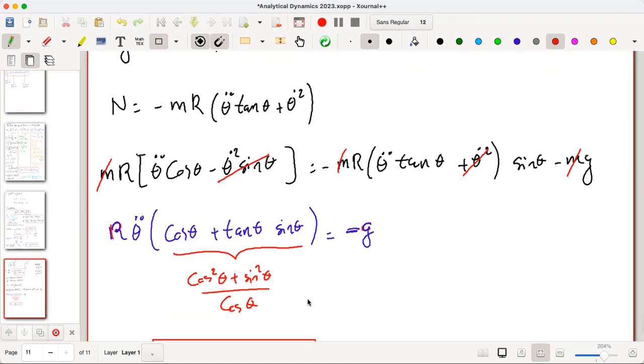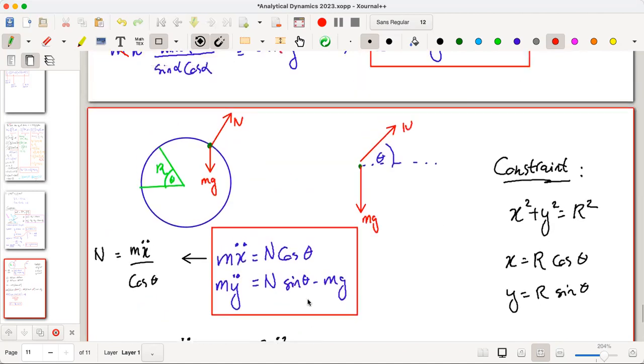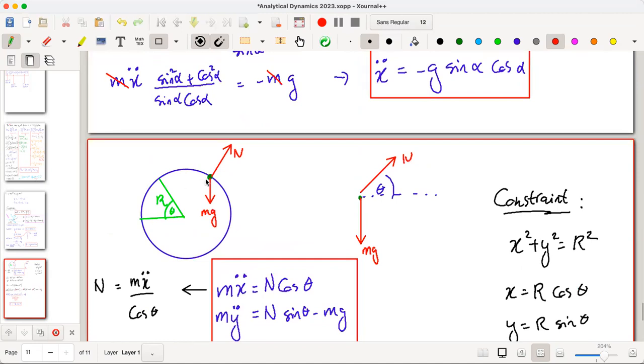Now, if you notice in these two examples that I gave you, the force of constraint in these two examples is the normal force, right? Because that's the force that exists whenever the constraint is enforced. In other words, if you turn off the constraint, the bead doesn't have to move on a circle.